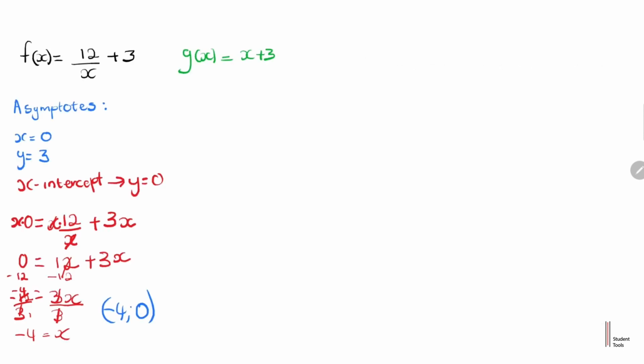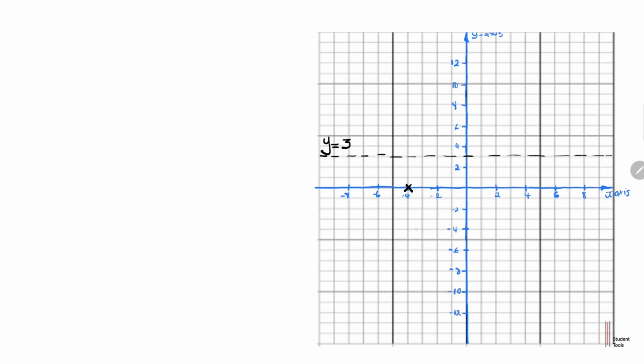And what we should know, because a here is greater than 0, is that our graph will be over here and over here. And we have our point of intersection of the asymptotes here. So now let us sketch our graph. We will sketch it like this. Here we have the intersection, and the asymptote is the y-axis.